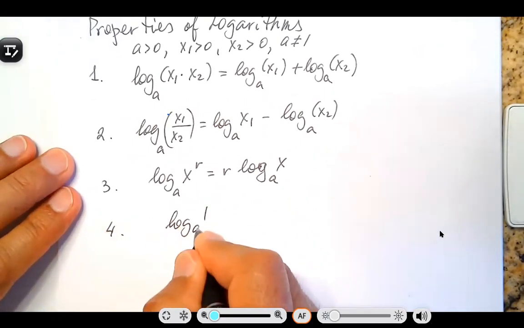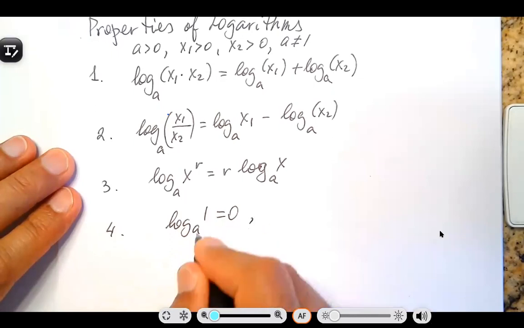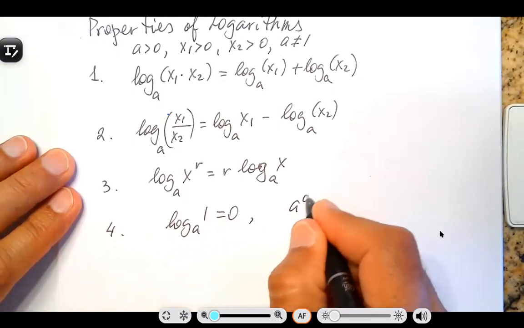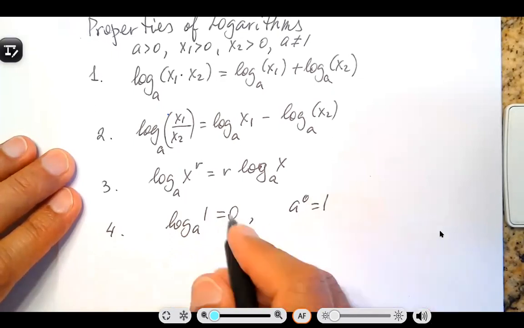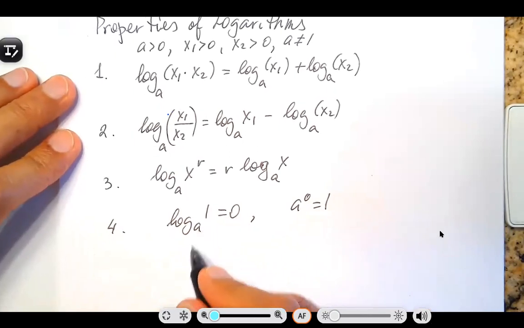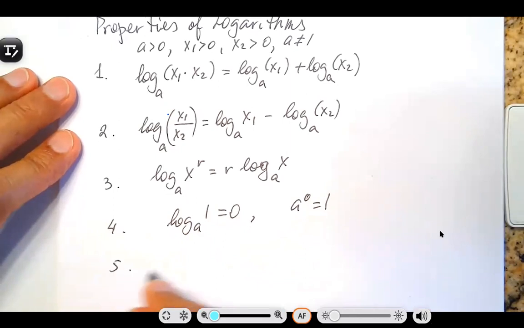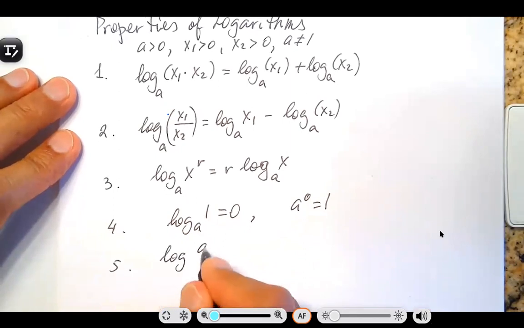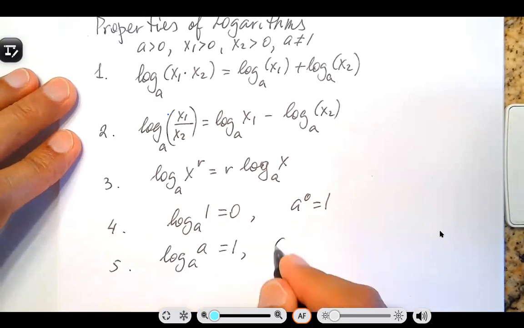Logarithm 1 base a equals 0 because a to the 0 equals 1. Again, a is not 1 and positive. Logarithm of a base a equals 1. Why? Because a to the first power equals a.